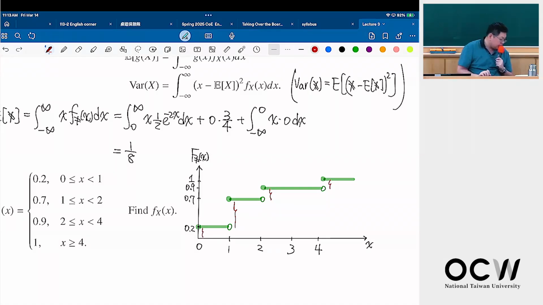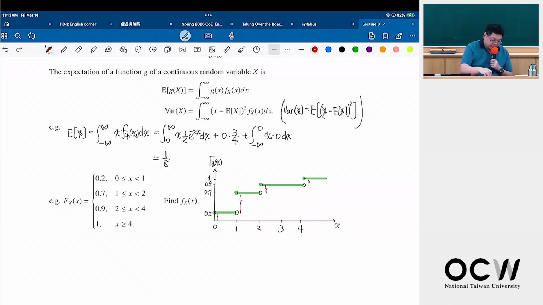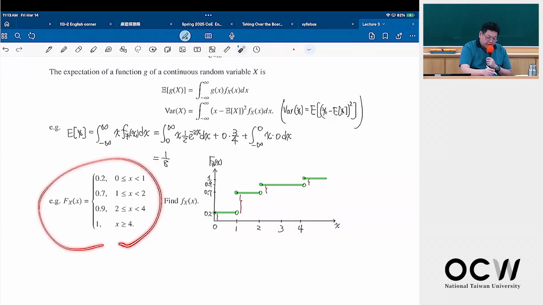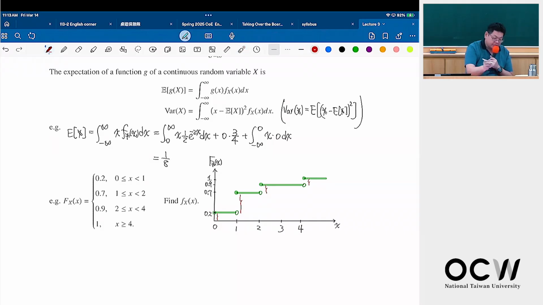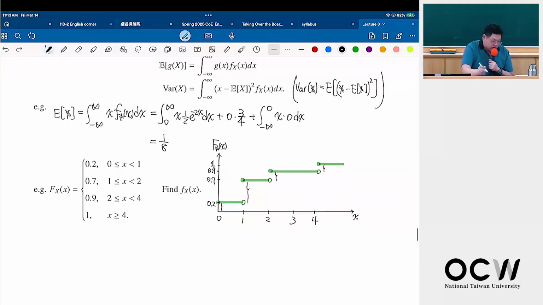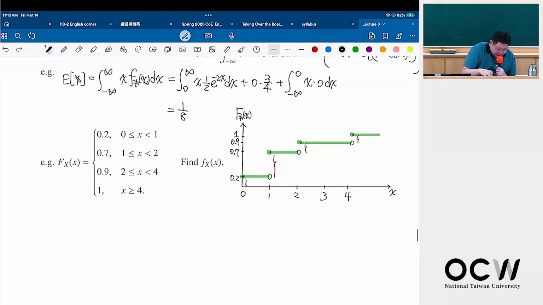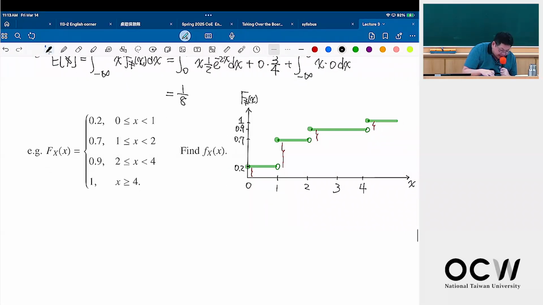So to find the PDF, because when I take the derivative of this constant, it'll be all 0. But we know that only for those 4 points, I should have a PDF. So first, let's see what is the probability of x equals 0.